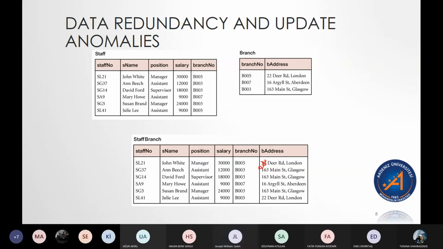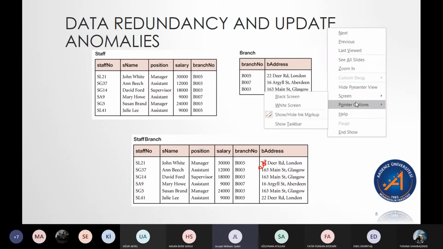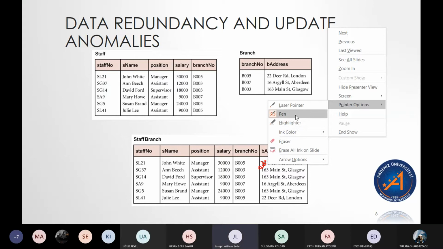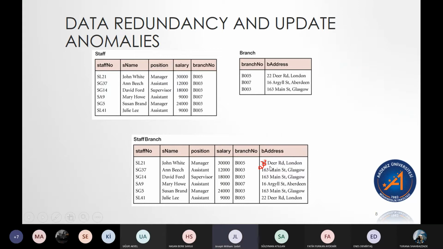All right. By having it wrong in one place and right in another, we might not even know that there's a problem, because we might never see this data.